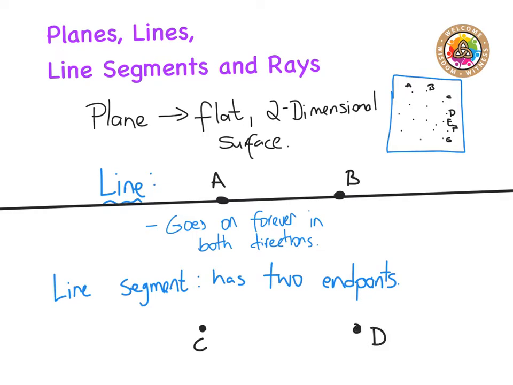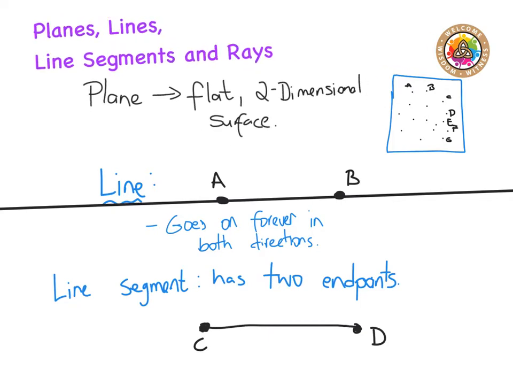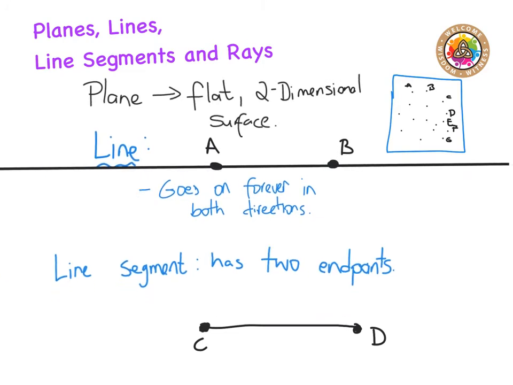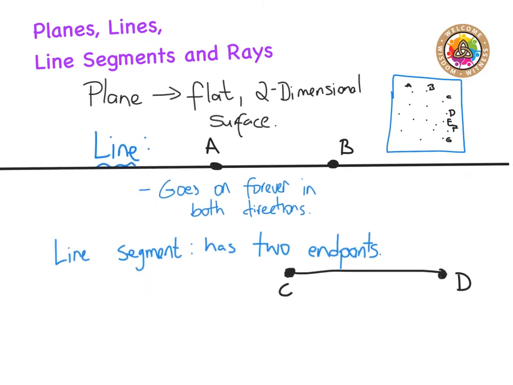There's my point C and my point D. The line segment begins at C and it ends at D, and it's a straight line between the two of them. Okay, so a nice straight line, you'll be using a ruler. So that's a line segment. It has 2 endpoints, whereas a line goes on forever in both directions.